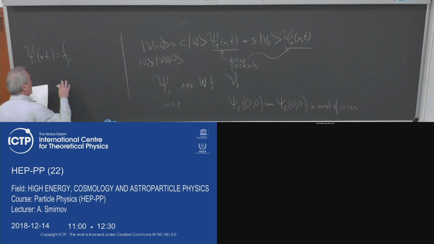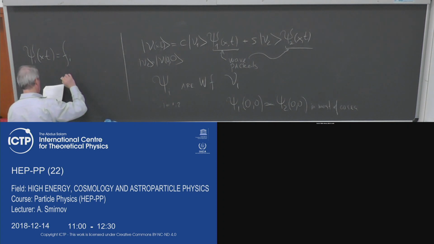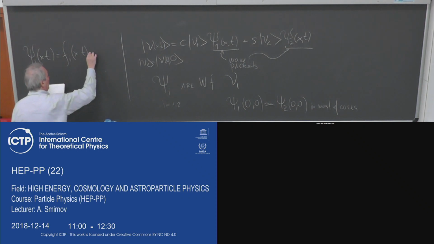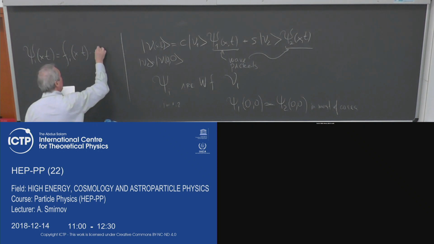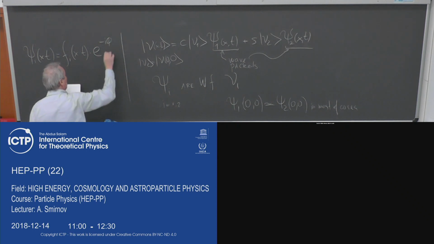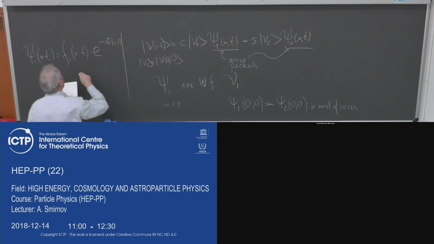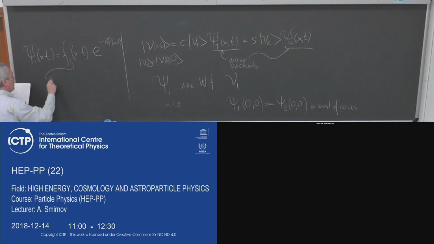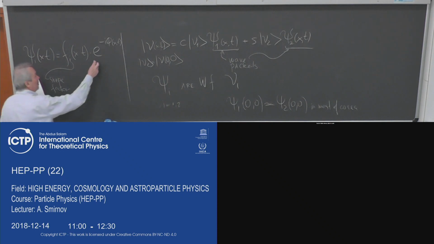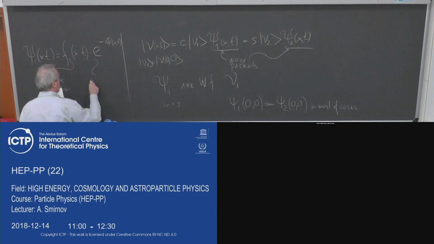It has the form of the product of two factors. One is the shape factor, and the second one is the phase factor. So this is the shape factor of your wave packet, and this is the phase factor.